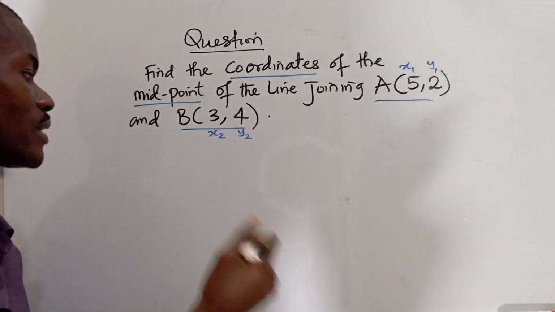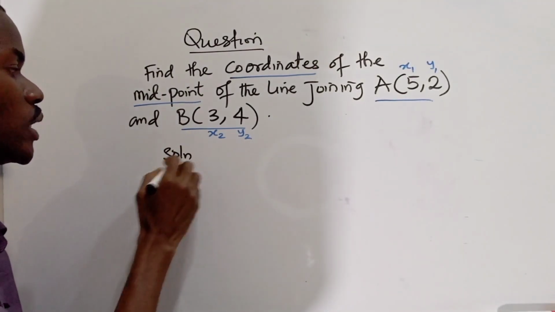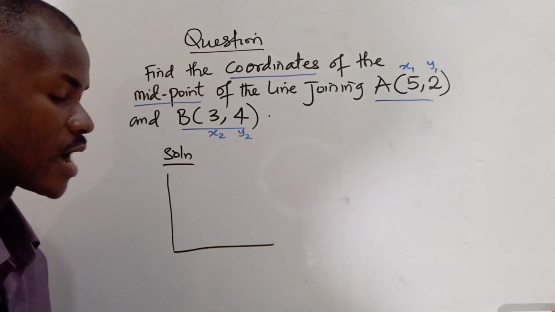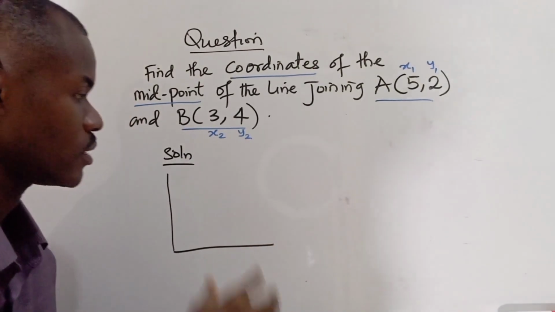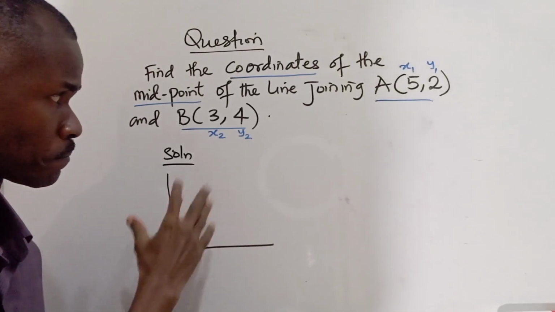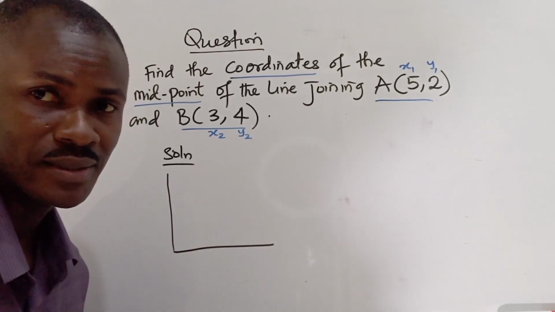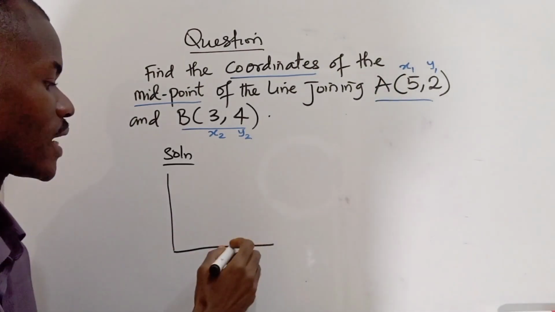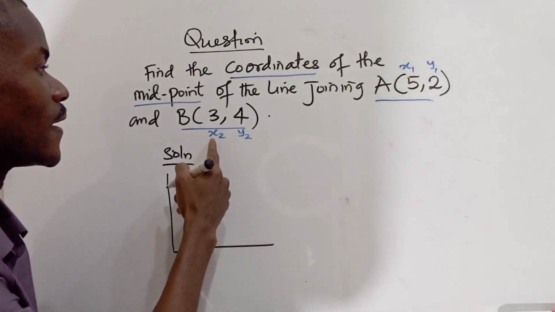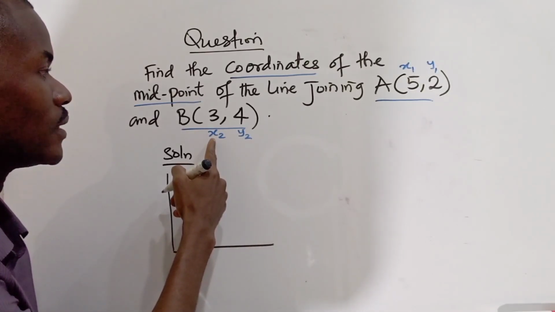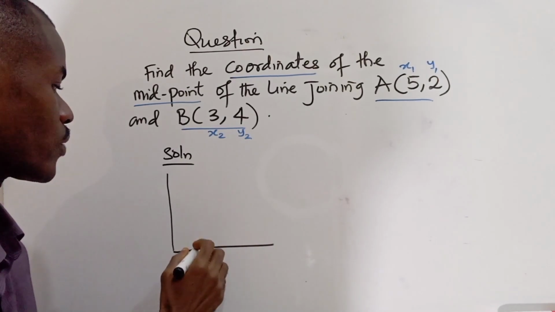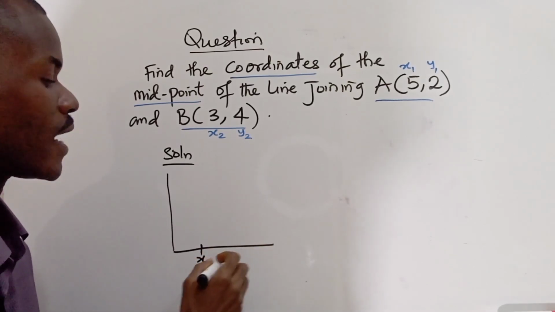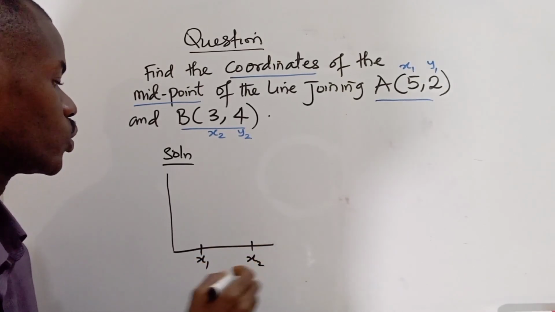All right. So the next thing is, for the sake of understanding, I'll quickly represent the points on our coordinate system. So we have our x1 as 5 and our x2 as 3. Let's say somewhere we have our x1 and here our x2.